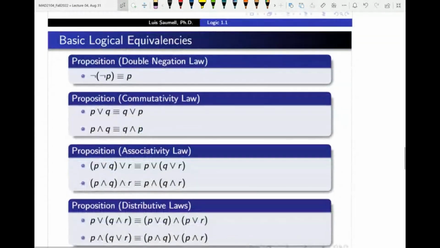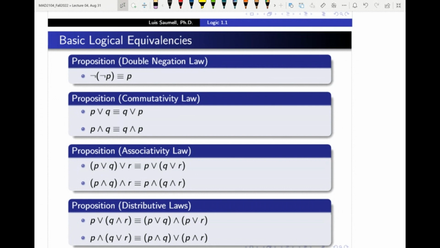Now we have the commutativity law with or and and. It's basically 2 plus 3 is the same thing as 3 plus 2. The order doesn't matter. You can do the same thing with or and and. If you do P or Q, that's the same thing as saying Q or P. So you're free to flip. Remember, implication, this is not the case. P implies Q is not the same as Q implies P. So not all operations are commutative.